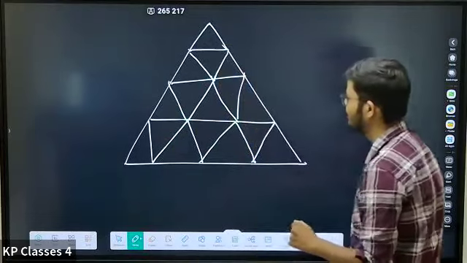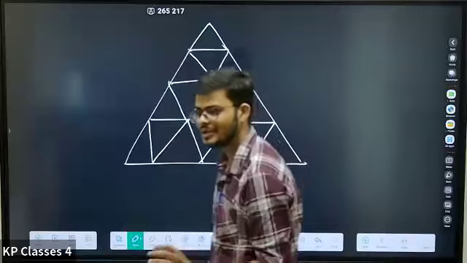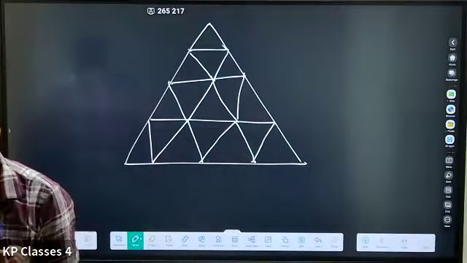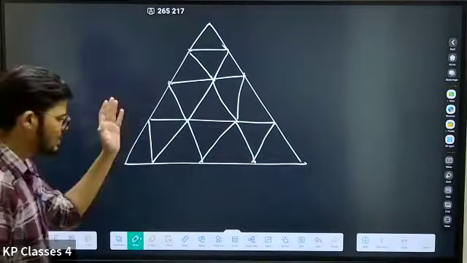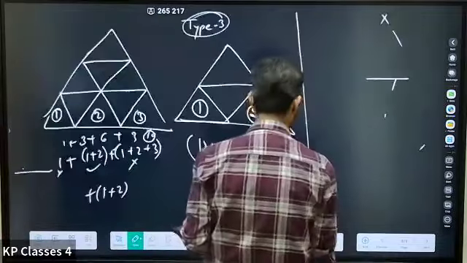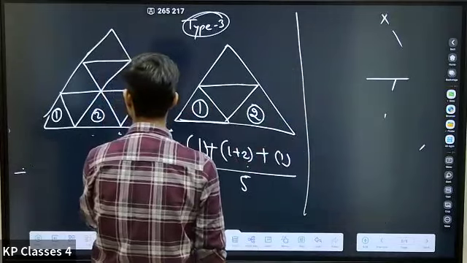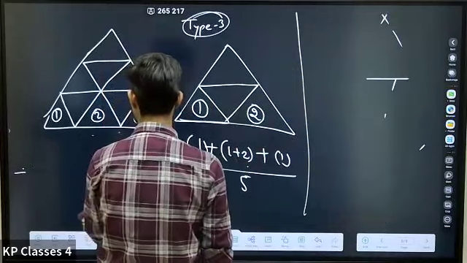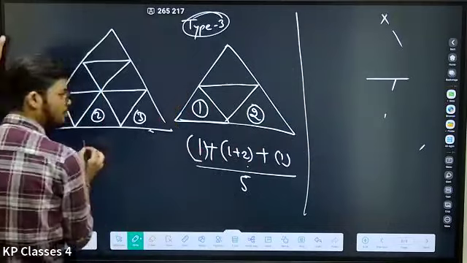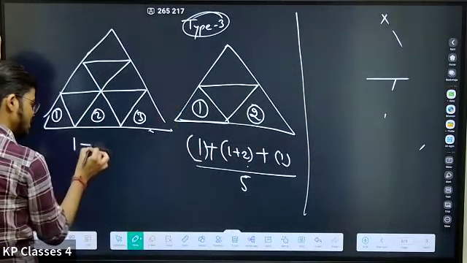Now this is a triangle. Again, isn't this figure 13? The previous one is 13. First, let me check it again. We have counted 1, 2, and 3, right? So how will we be counting? We may have made a mistake in the calculation, otherwise this logic is correct.